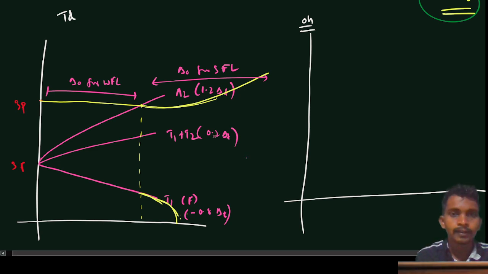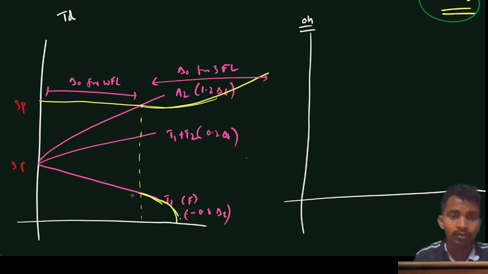So here the delta T will be, before the crossover point no bend has happened, so here we can easily calculate from here to here. This is the delta T, because before the crossover point no bend has happened. So how much is this delta T value? This is 0.2 minus, this is minus 0.8, that is going to get 1 delta T.